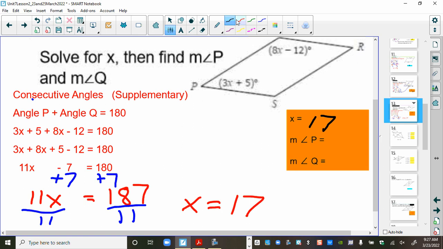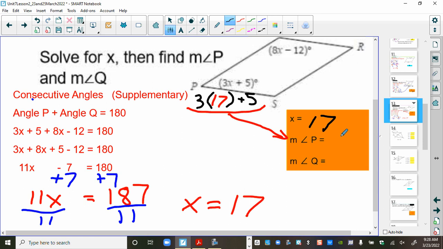So for angle P, three times 17 plus 5. What do we get when we take care of the order of operations? 3 times 17, and then plus 5.